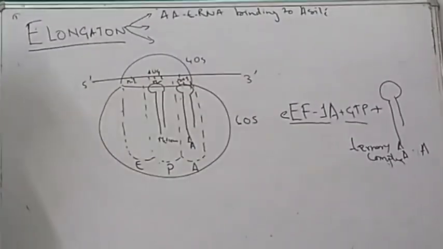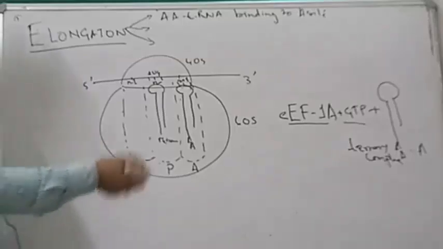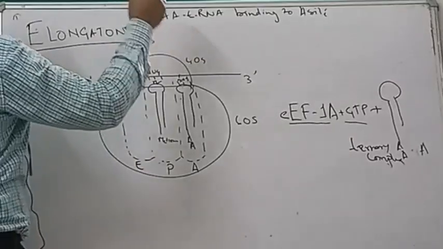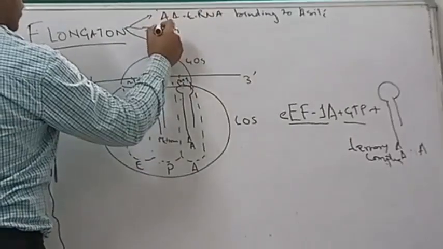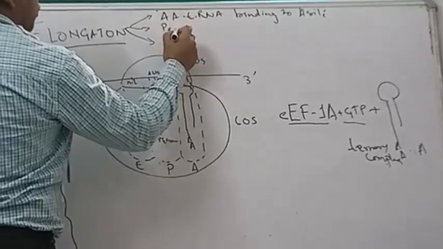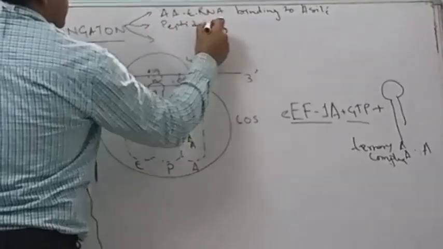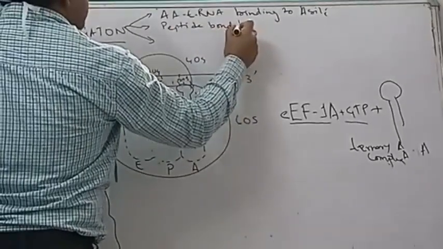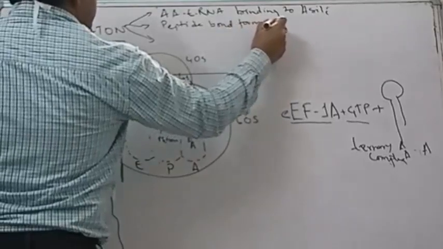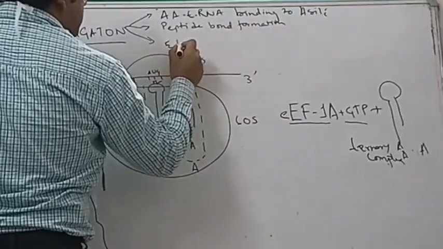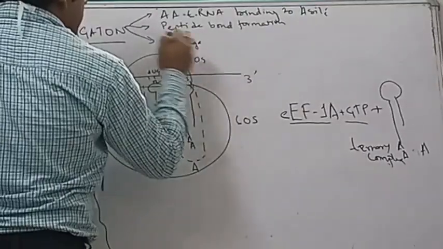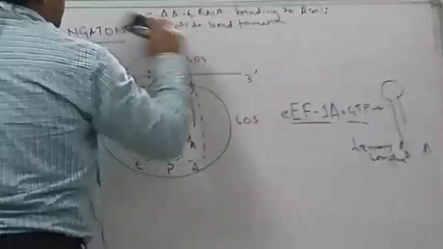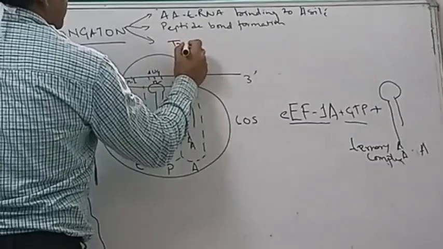The A site is the acceptor site or aminoacyl site of the ribosome. Then we have peptide bond formation. And third is, oh no, it should not be elongation, it is translocation.